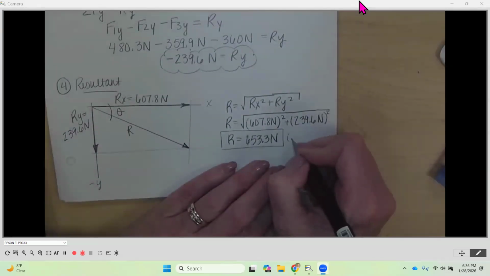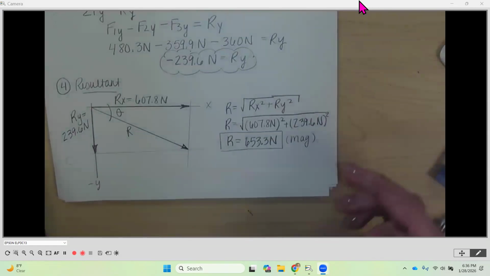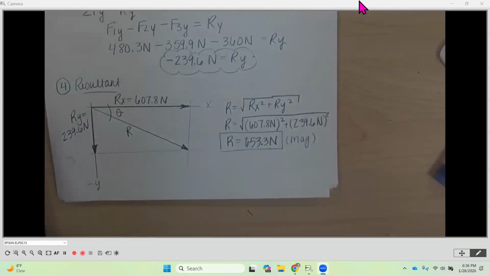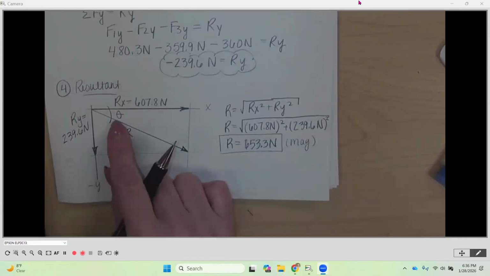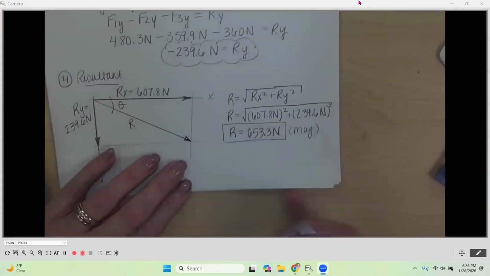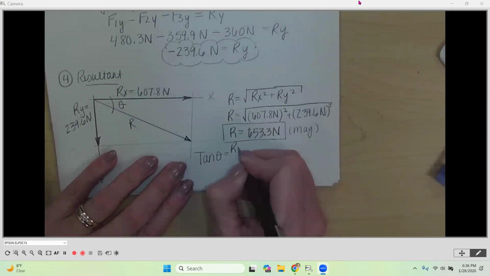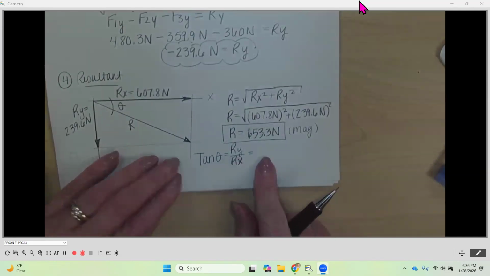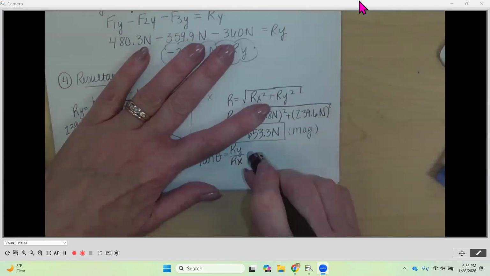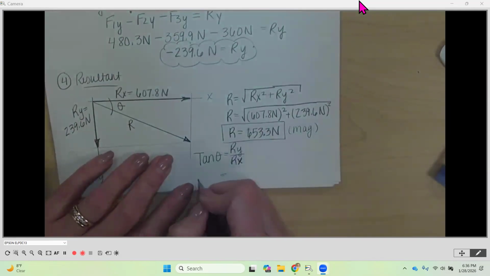So that's our magnitude. You don't have to put this in there, I'm just identifying. Remember, we need two things to fully define both magnitude and direction. So this is the magnitude, and then our direction is going to be arrowhead plus angle. So I'm going to use tangent again. Tan theta is going to be ry over rx.